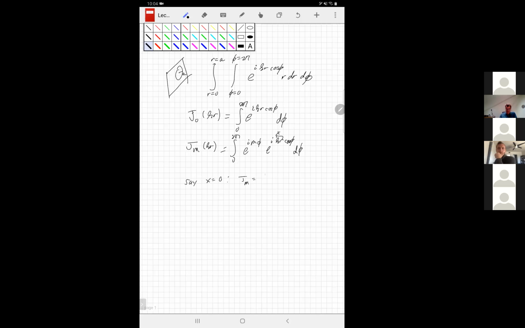Our integral just becomes the integral from 0 to 2 pi of e to the i m phi d phi. And last I checked, that integral behaves nicely. That integral doesn't blow up.